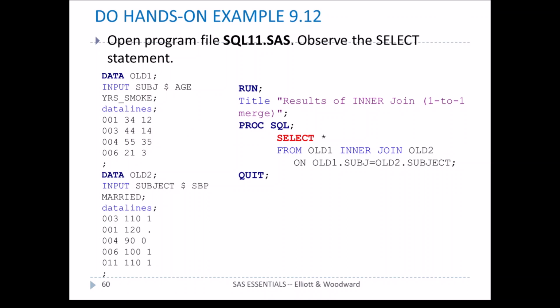Now notice again, look at data set old one, and the input subj is the first variable, whereas in data old two, the variable is named, spelled out, the word subject. It's the same variable in the same format, but it's spelled differently. Therefore, we have to add this on old one.subject equal old two.subject. If they were both named the same, we could just say on subject.